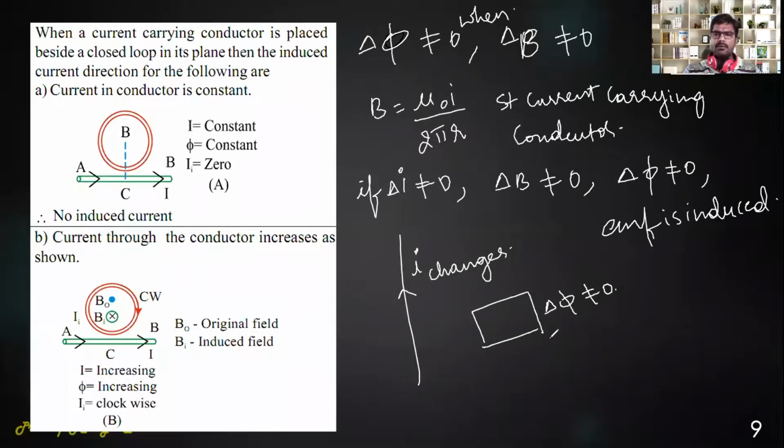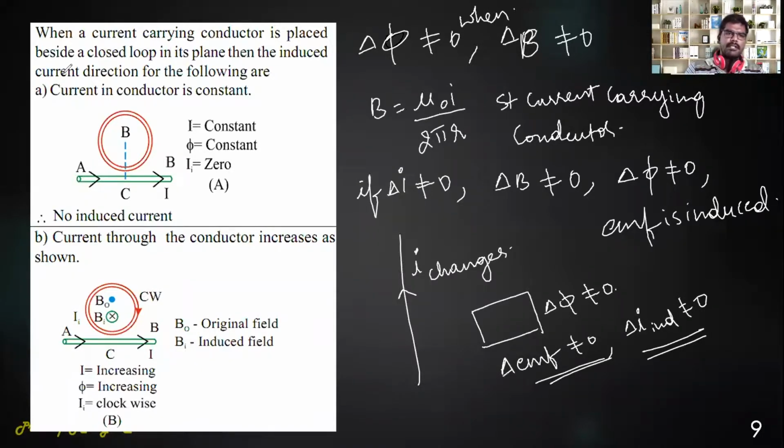Of course, I'll tell you in which direction the induced current will be. In this case, there will be induced EMF, ΔEMF not equal to 0, and induced current ΔI not equal to 0, when the current in the straight current carrying conductor is changing. That's what we have seen in these examples.